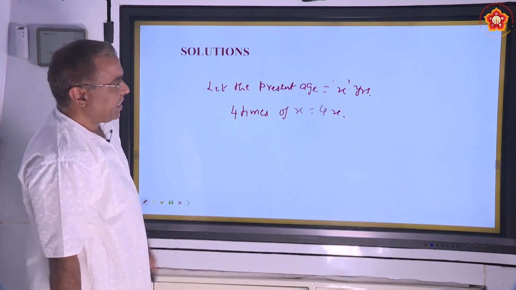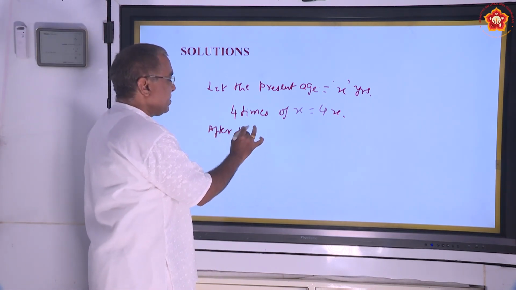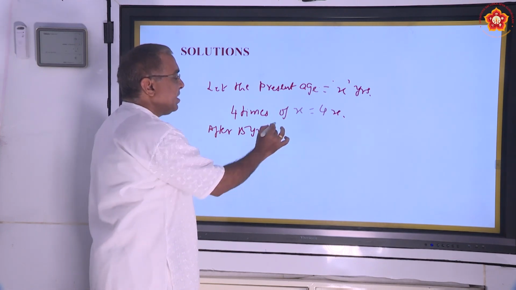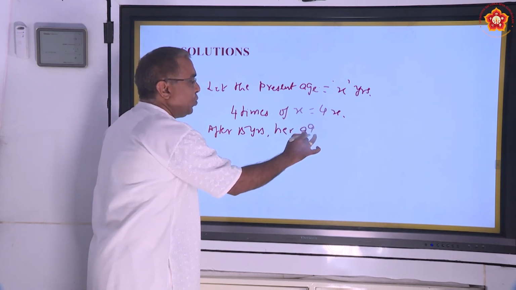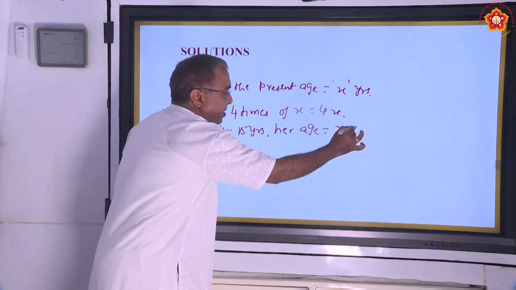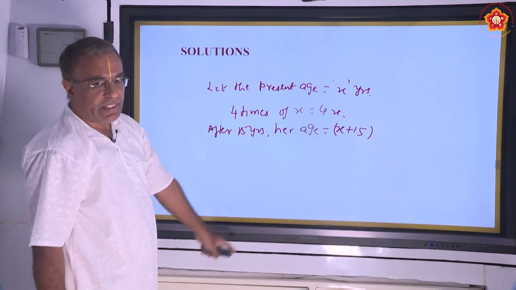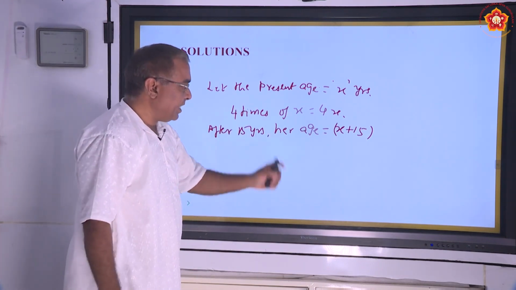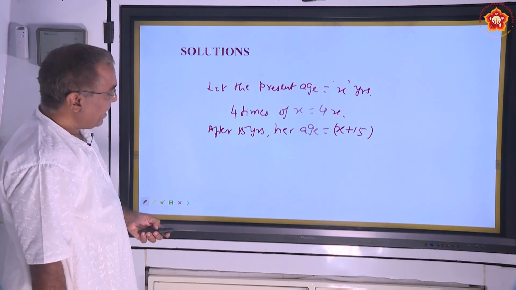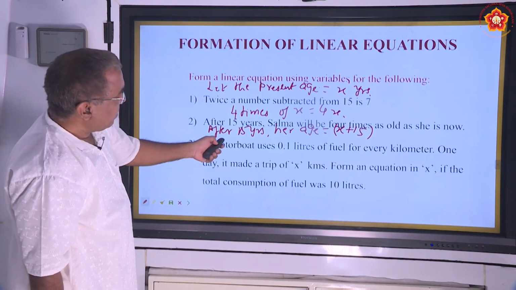If the present age is x years, after 15 years, her age will be equal to x plus 15. Are you following, children? Her present age is x years. After 15 years, her age is going to be x plus 15. So, what does it say?